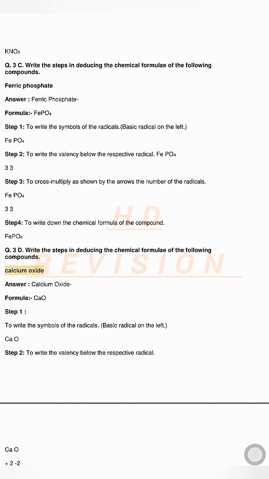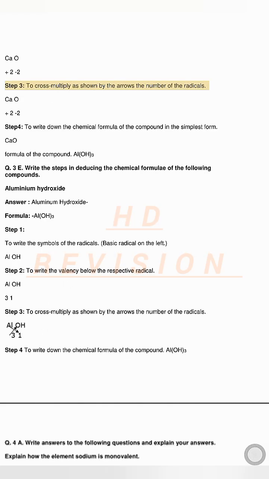Q3. D. Write the steps in deducing the chemical formulae of the following compounds. Calcium oxide. Answer. Calcium oxide. Formula: CaO. Step 1. To write the symbols of the radicals, basic radical on the left: CaO. Step 2. To write the valency below the respective radical: CaO, 2, 2. Step 3.